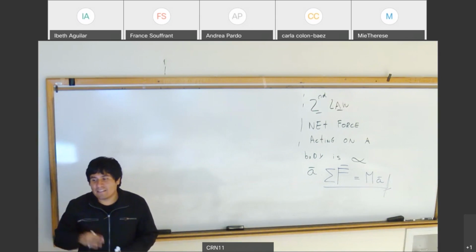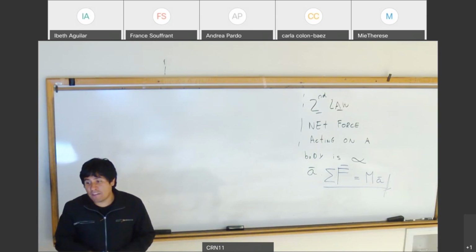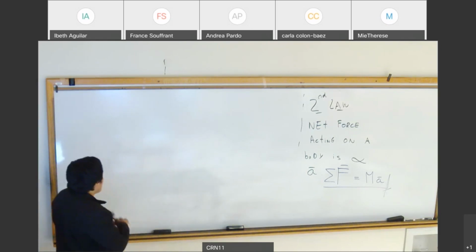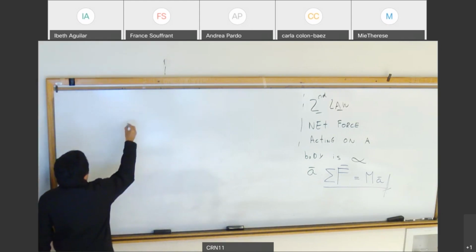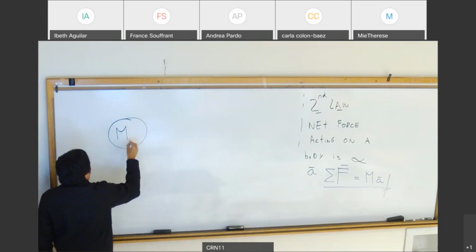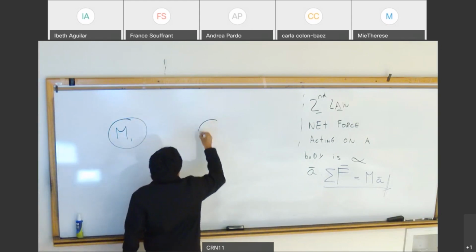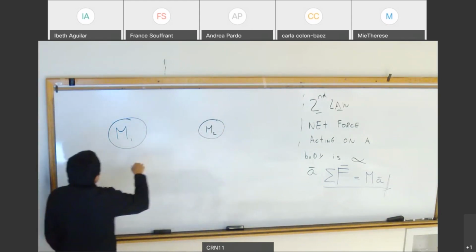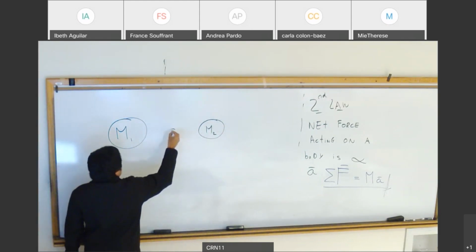We can neglect it, but there are some instances where we cannot, like in the case of the feather. The feather will never fall at the same time as a piece of iron because of the air resistance. But on the moon it works, and let's see how. If you have one mass, I'll call it M1, and another mass, M2, and you release them, remember that gravity is acting on both.